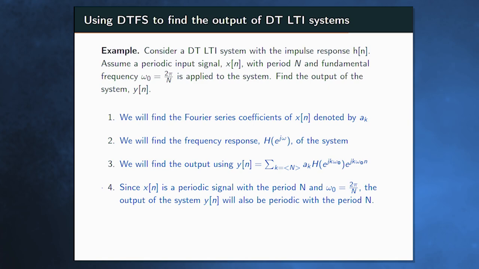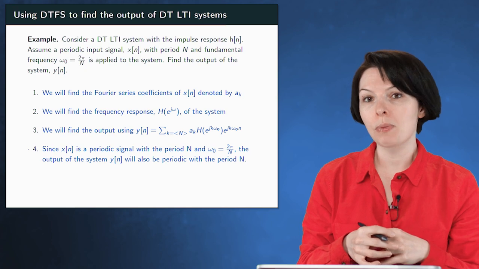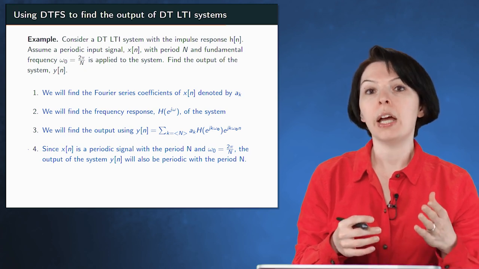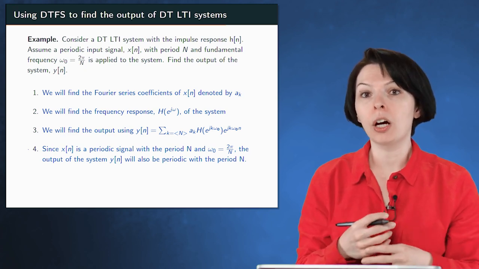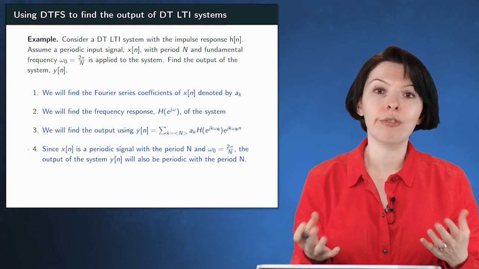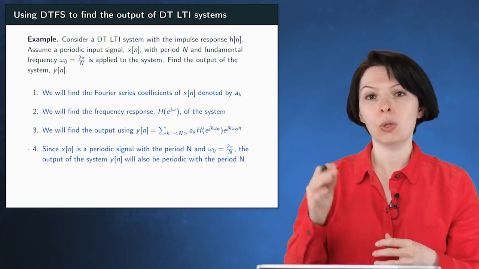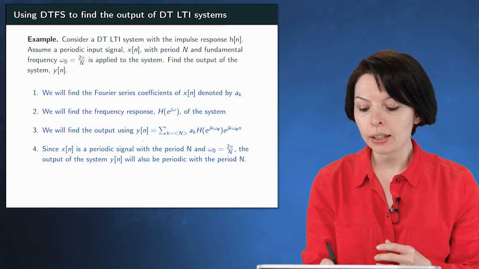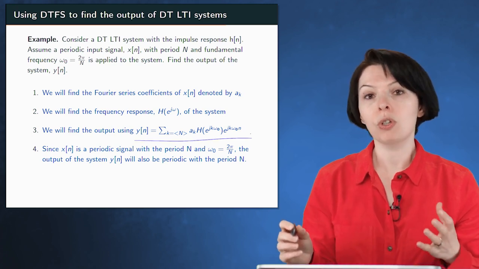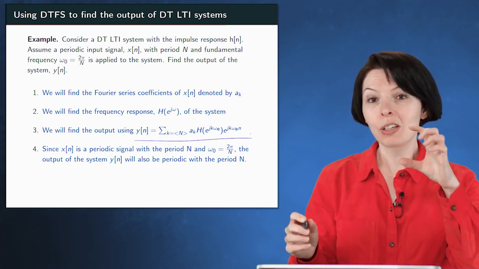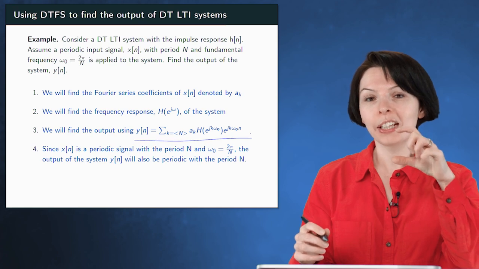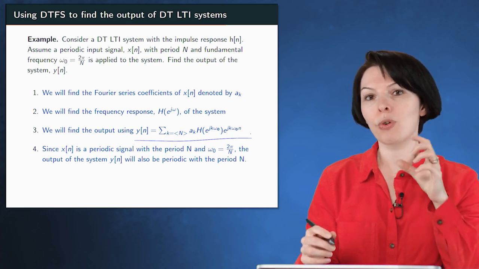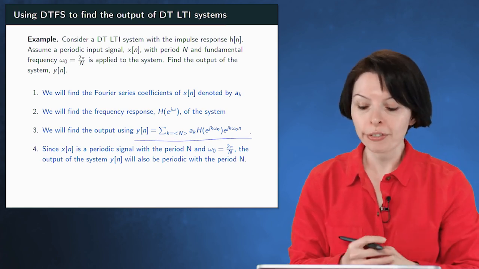For discrete time systems, you want to find H of e to the j omega, which is the frequency response of your system, compared to H of j omega. Then y of n is going to be calculated with this expression, in which the summation has a finite length, so you're summing for only N values of k.